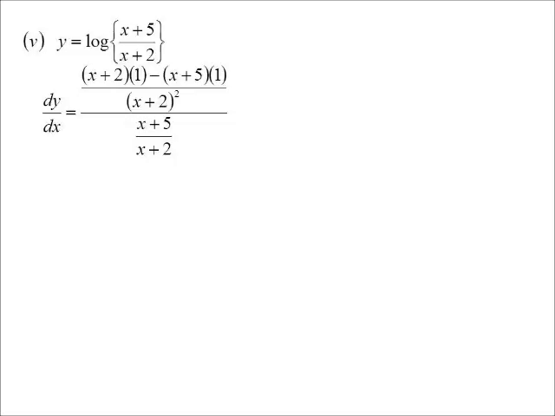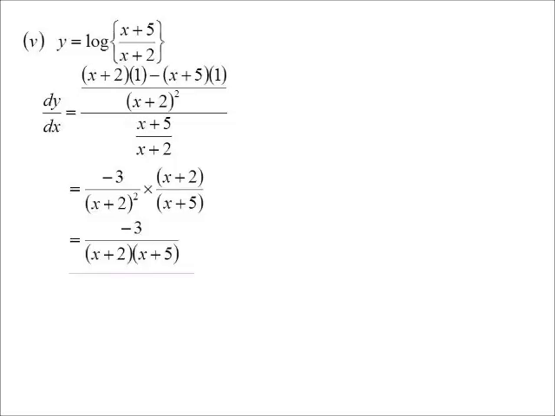All right, let's tidy it up. I'm going to invert and multiply, because fractions on fractions is horrible. So turn the bottom upside down, x plus 2, x plus 5. The top of it tidies up to be negative 3. Now I can see the x plus 2s are going to cancel. Minus 3 on x plus 2, x plus 5.